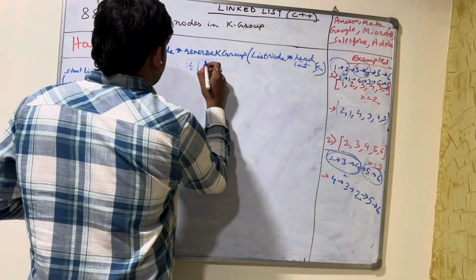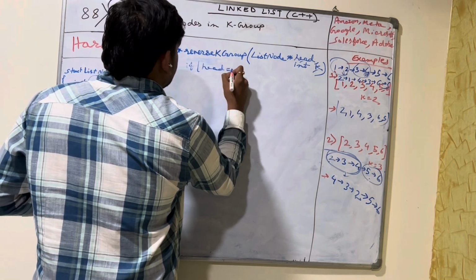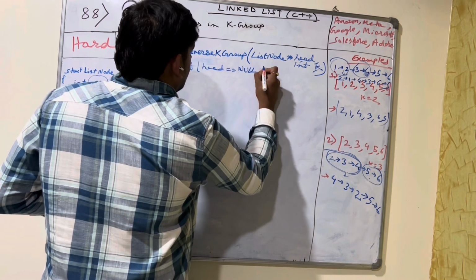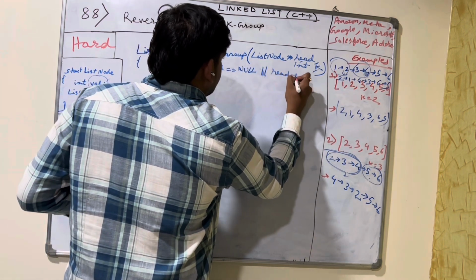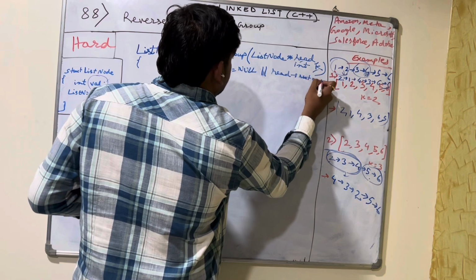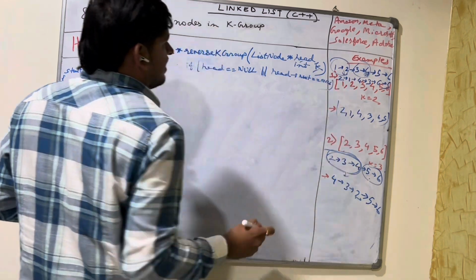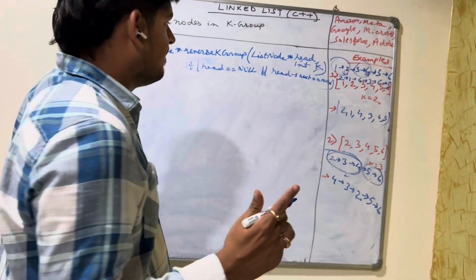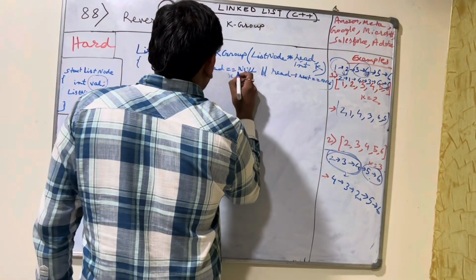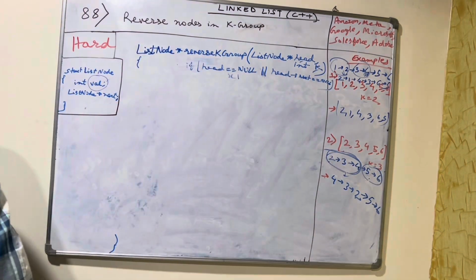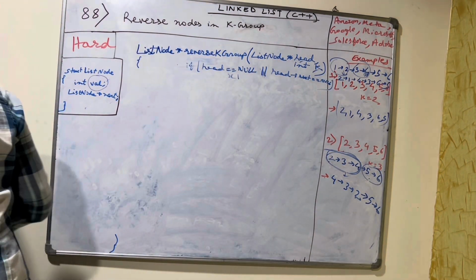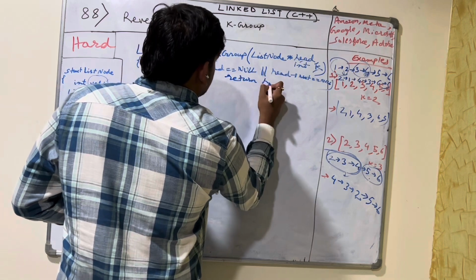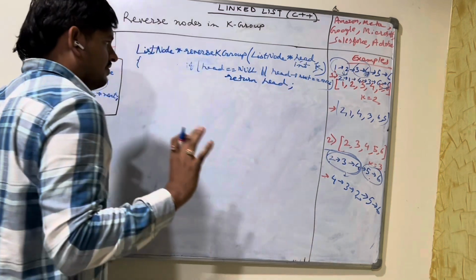If head is equal to null, or head's next is equal to null, then we can't reverse, right? If there is no element in the linked list, or only one element, just return the linked list. Return head. Okay, that is one thing.